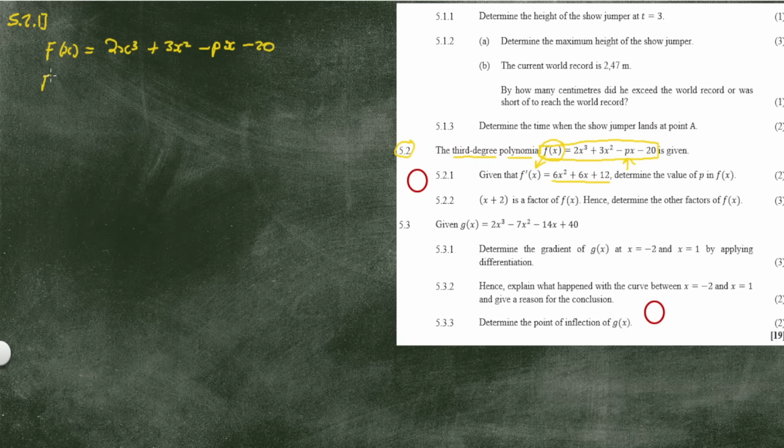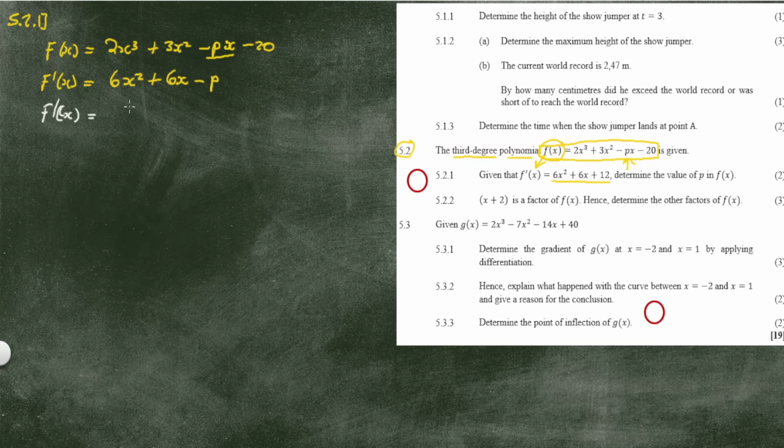Then f prime of x is equal to 6x squared plus 6x, then minus p, then 0. However, in 5.2.1 they gave us the derivative of f.